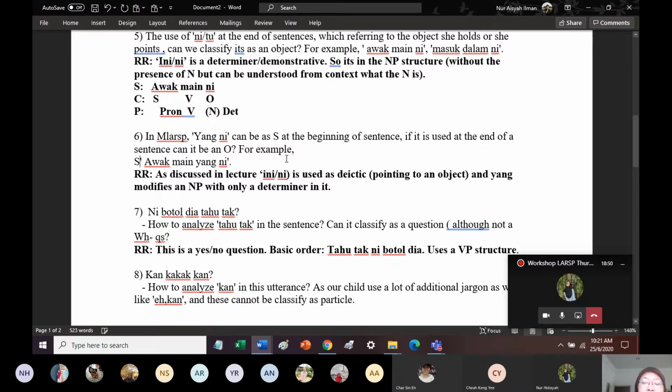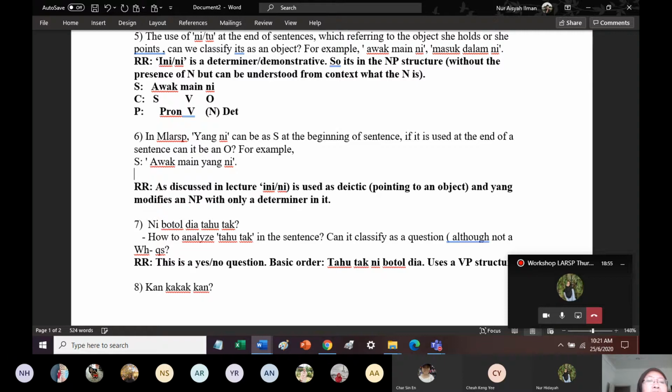This is the S. And then you have the C. Then you say this is S, this is V, this is O. O ni sebab apa? Sebab it's a noun phrase. Yang ni tu, yang relative marker ni, dia hanya happen in noun phrase. Lepas tu kita ada ni. Ni is also a determiner yang menandakan yang ni adalah noun phrase. So it belongs to the object lah.